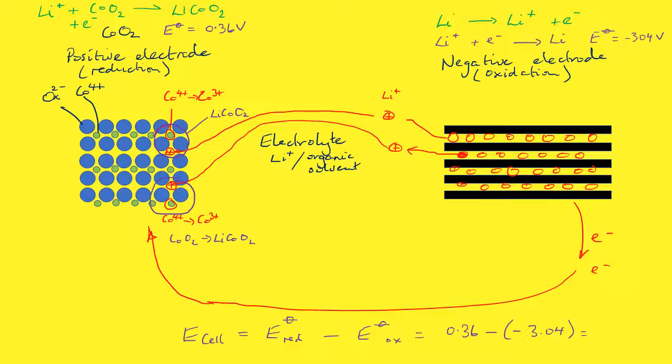And so the E cell is about 3.40 volts, which is quite a nice voltage compared to other cells like the typical alkaline batteries, which are 1.5 volts, of course. So hopefully that's helped you understand how the lithium-ion cells work in practice.